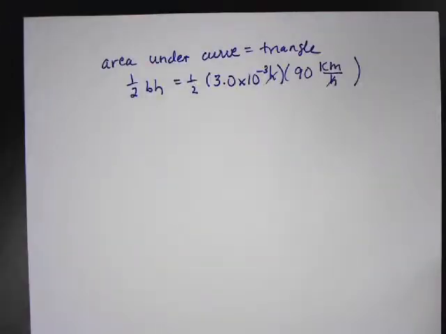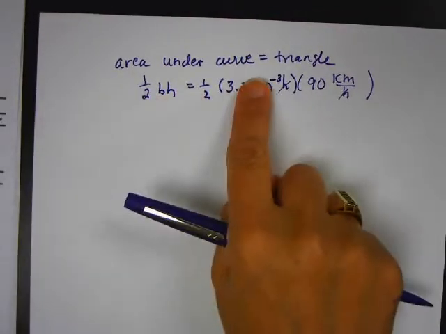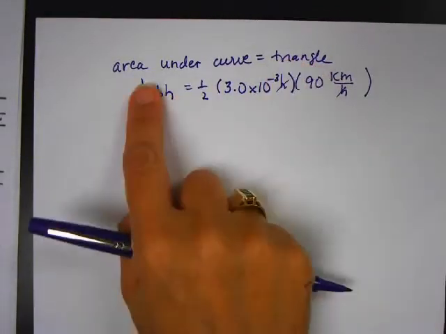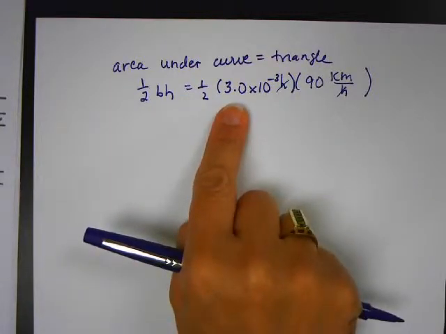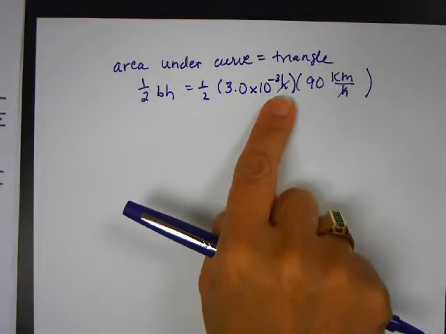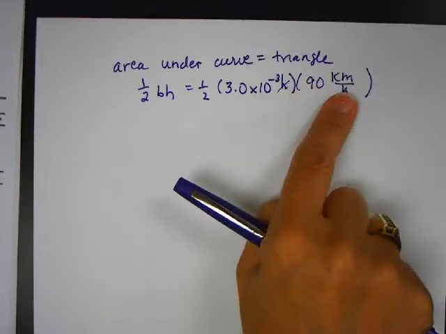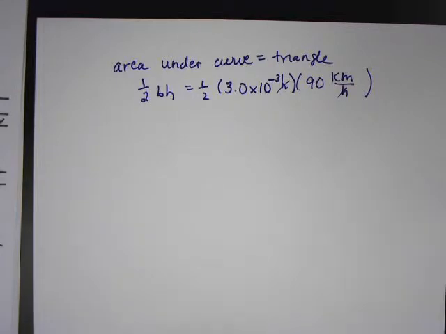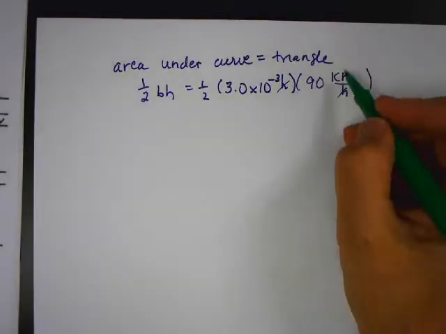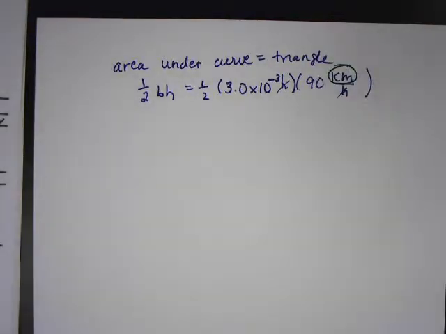I started doing it, and then I stopped the video. The area under the curve is a triangle, so it's 1/2 base times height. So it's 1/2 of 3.0 times 10 to the negative 3 hours times 90 kilometers per hour. Now notice that the hours cancel, and I end up with kilometers, which is how far.